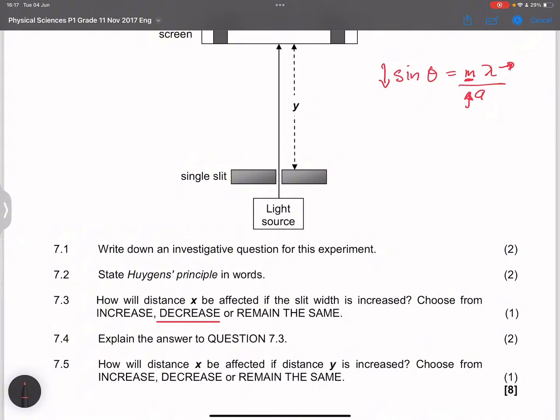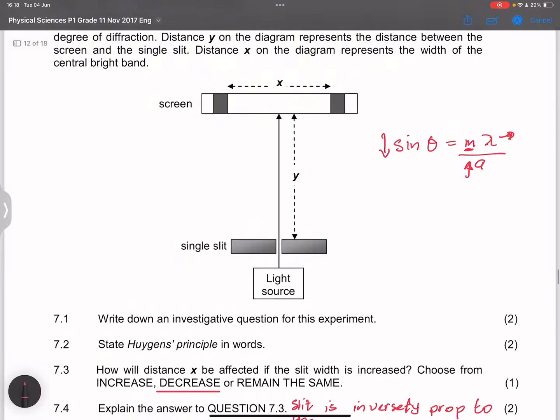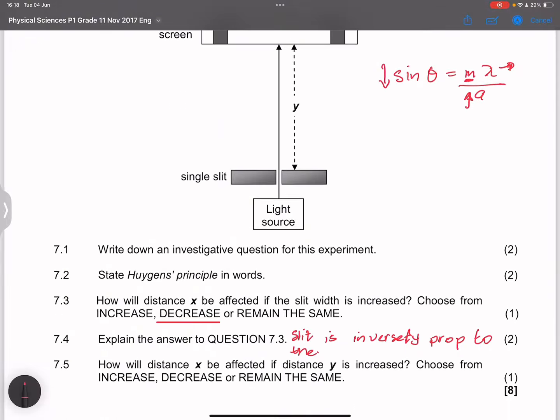And they say, explain your answer. We can say that slit width is inversely proportional to the width of our central bright band.